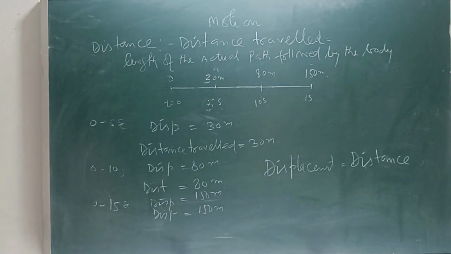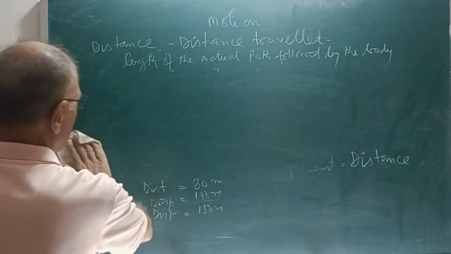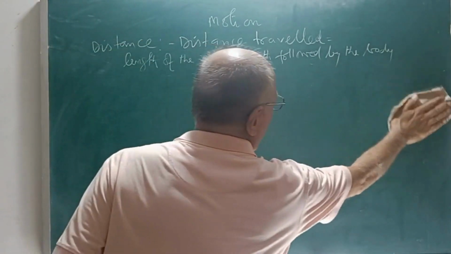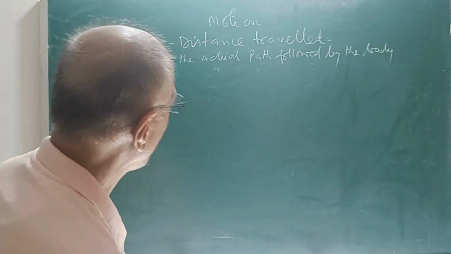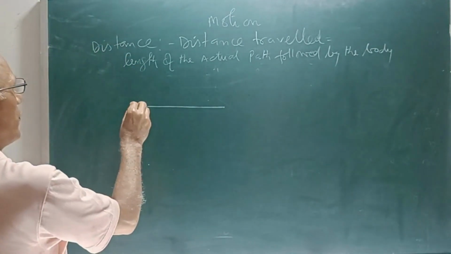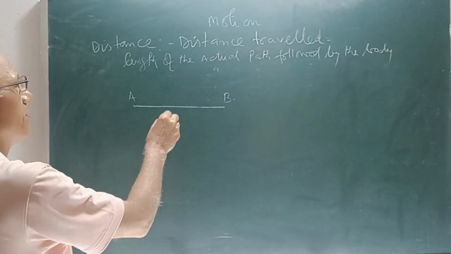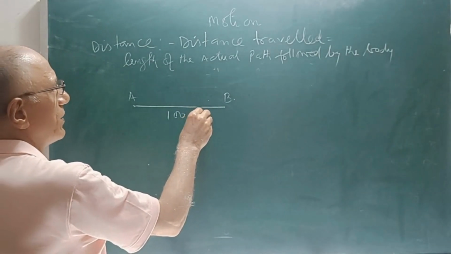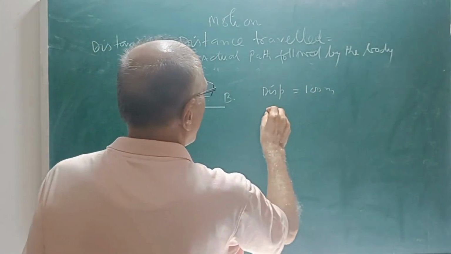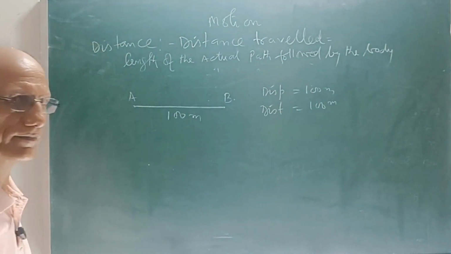Now we can take another example. Suppose you are going from A to B, it is 100 meter away, so your displacement is 100 meter and distance is also 100 meter, no issue.